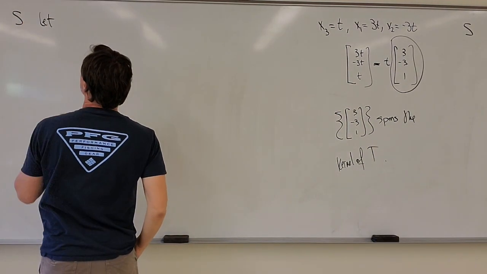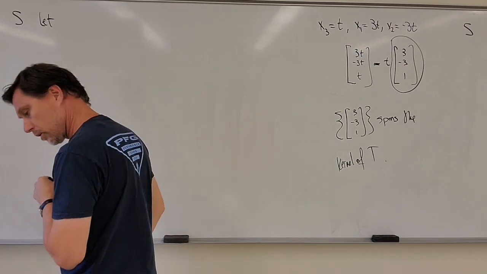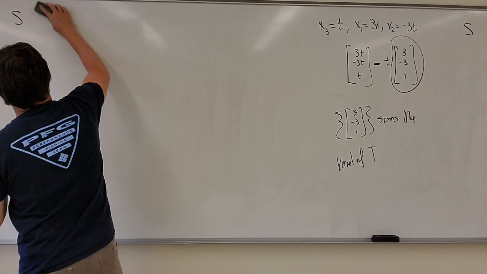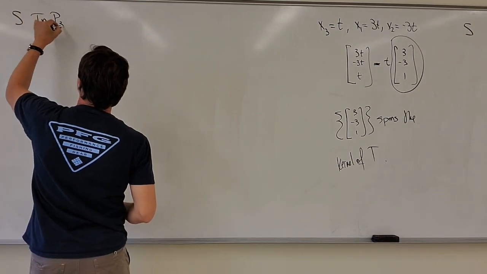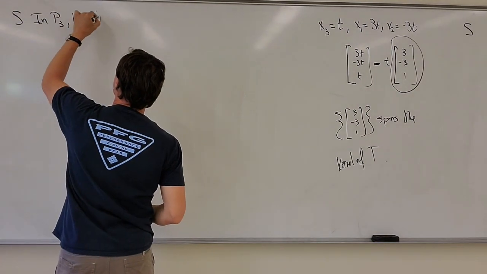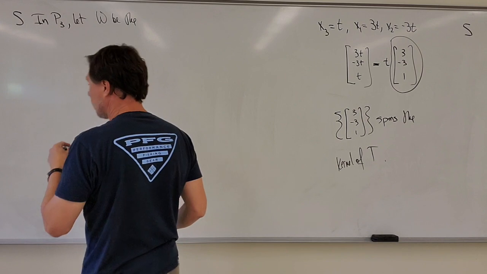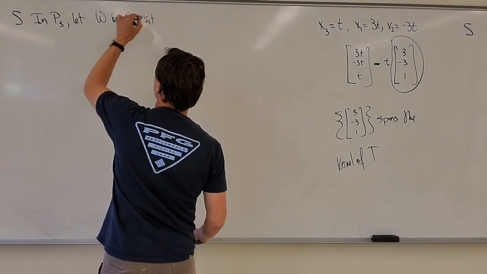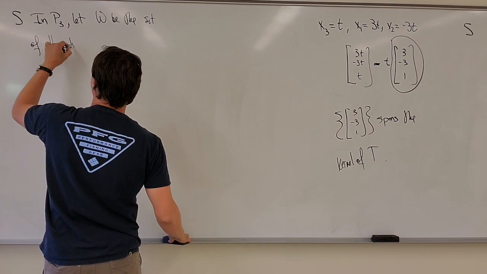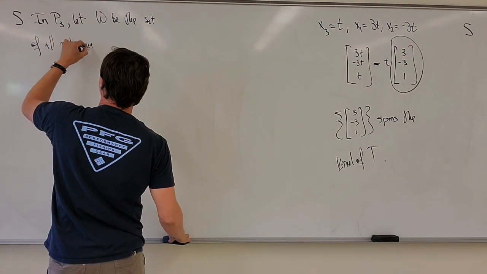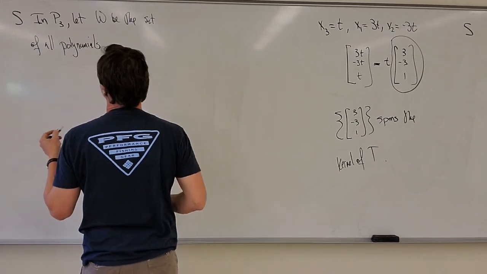So let's let, sorry, yeah. I spaced out for a second. In P3, let W be the set of all polynomials, now, what do polynomials look like?